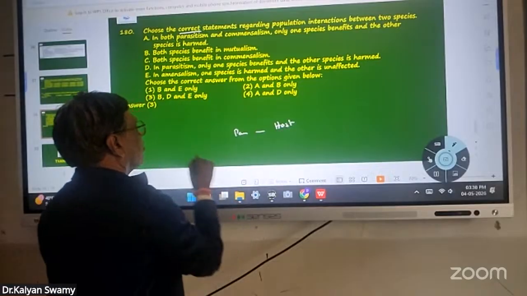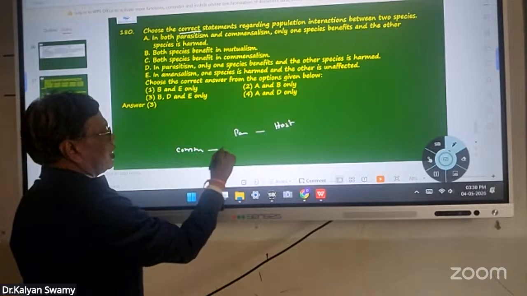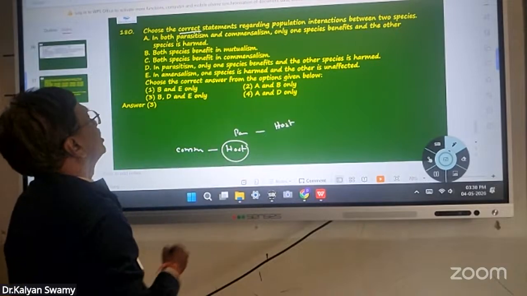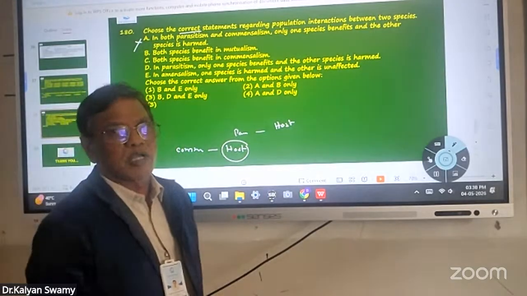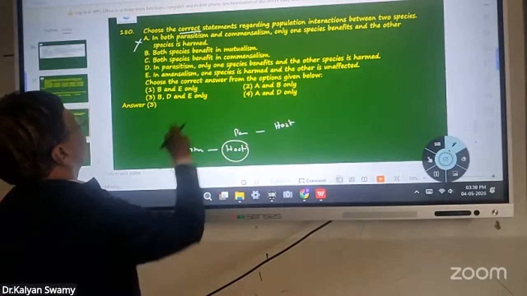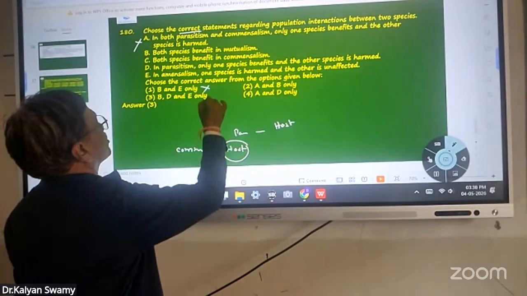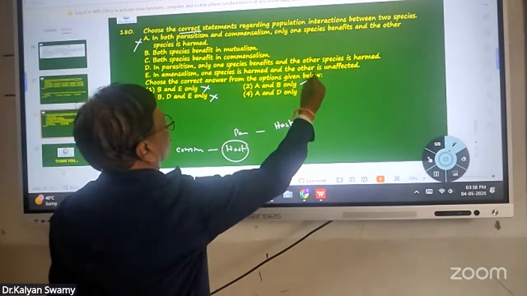But in commensalism, the commensal benefits and the host is neither benefited nor harmed. That's why the first statement is wrong. So you can strike off option one and option three, and the only combination repeated is two.